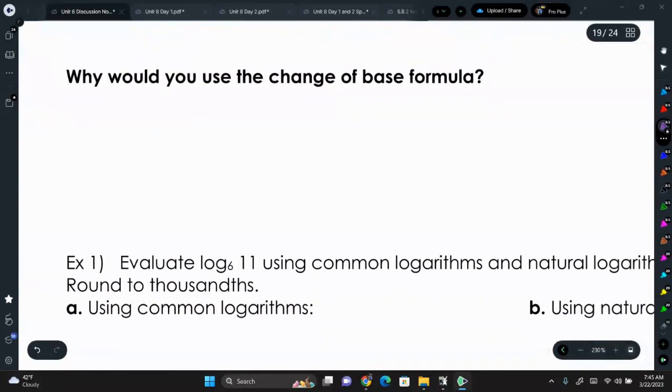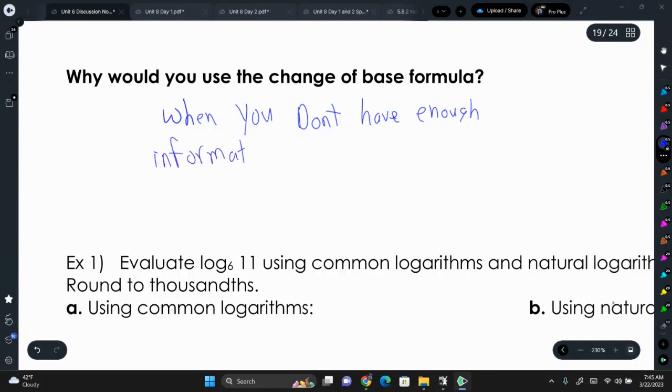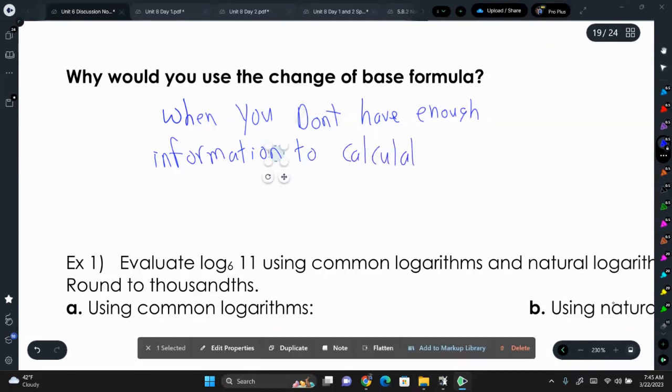So on the next page, why would you use the change of base formula? When you don't have enough information to calculate a log otherwise.